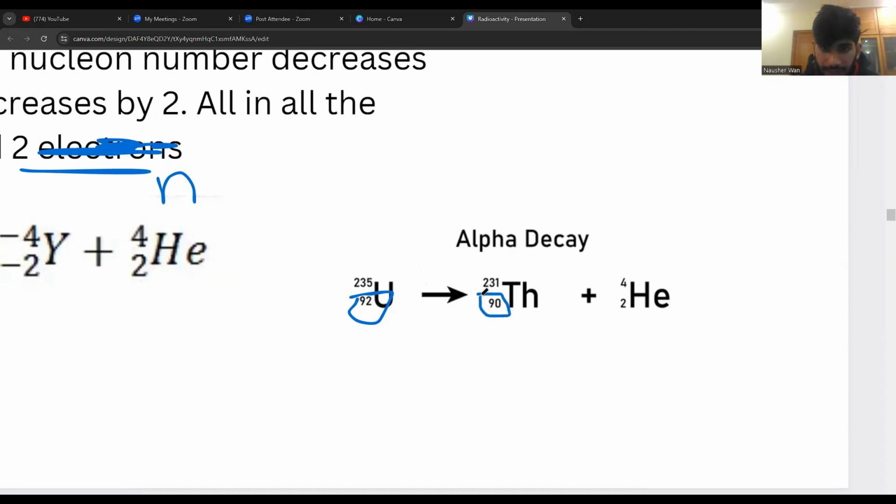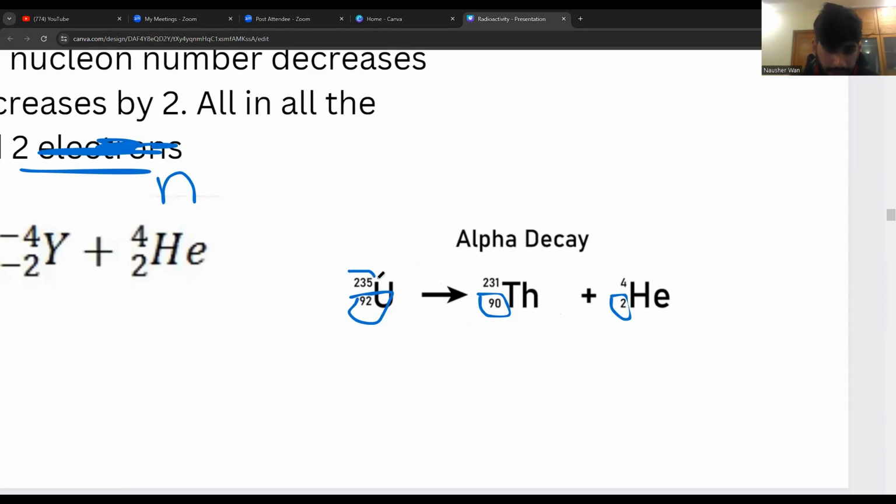And over here, we have 90 and we have 2. If you add both of these numbers, the proton numbers on the right-hand side are supposed to equal the proton numbers on the left-hand side. So if you add 90 and 2, you're going to get 92. And that tells us that the numbers that we put in are correct.